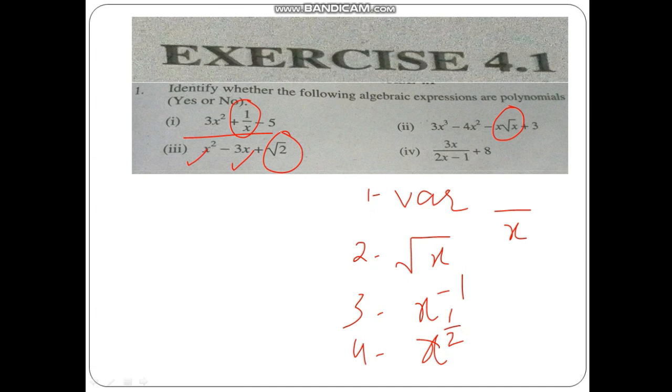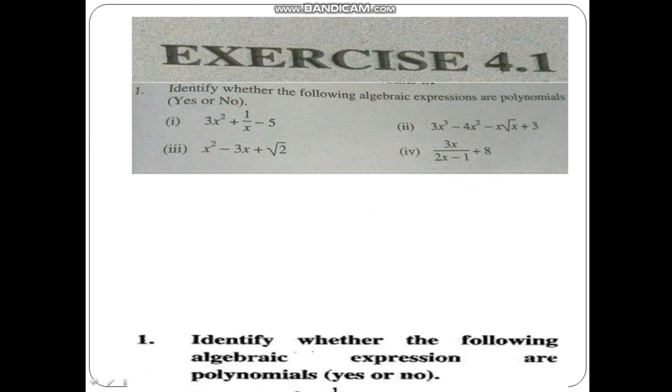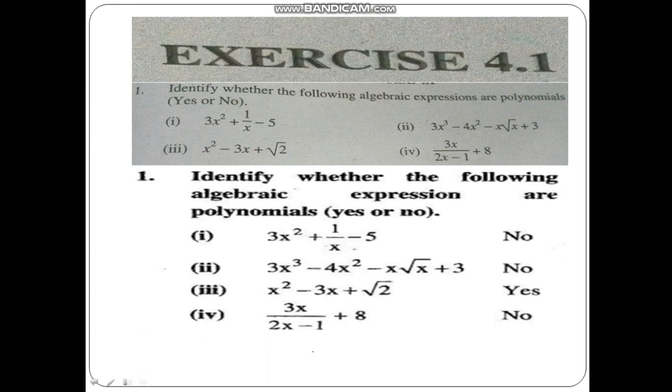And in the fourth term, the variable is in the denominator, so the first, second and fourth are not polynomials, but the third one is a polynomial. So let's see the answers. Yes, first is not a polynomial, second is not a polynomial, third yes polynomial, and the fourth one is also not a polynomial. So this topic has been completed.